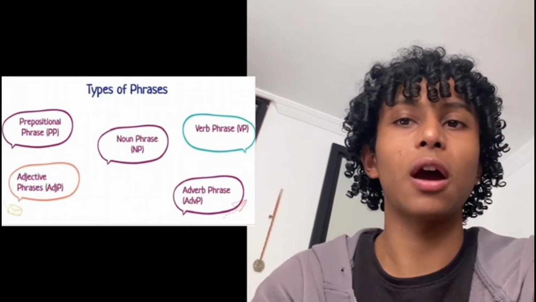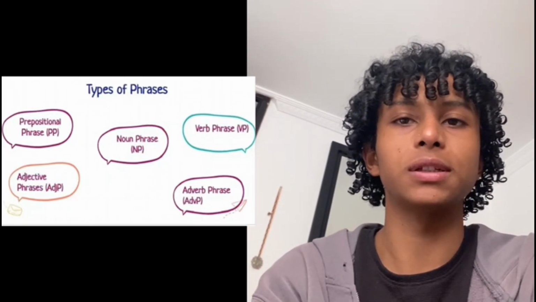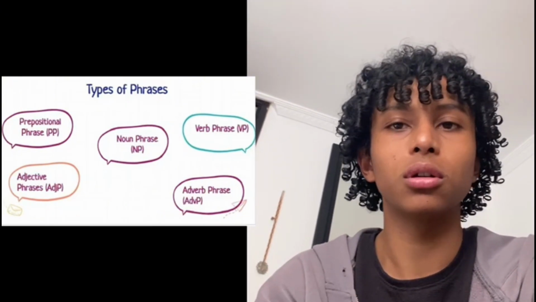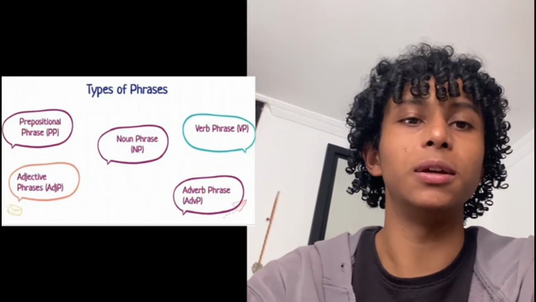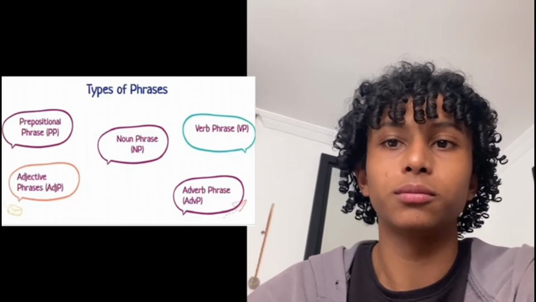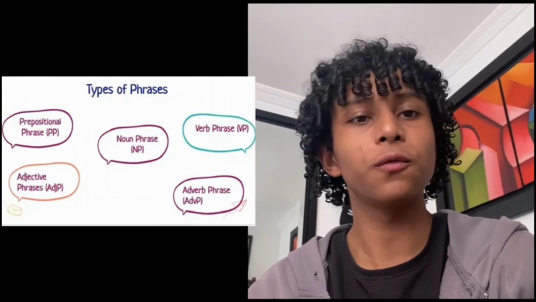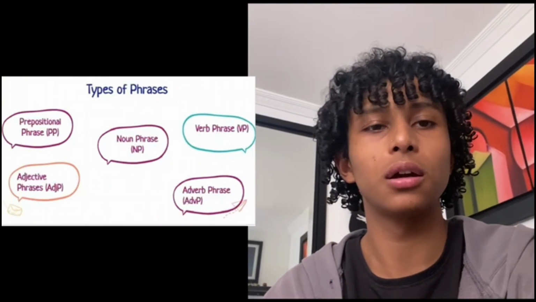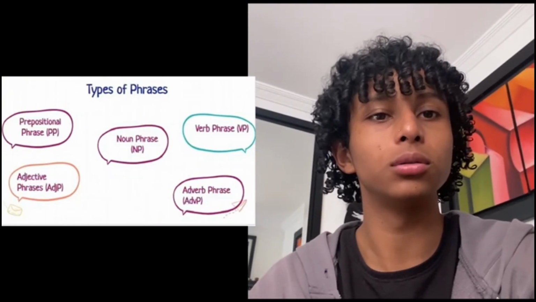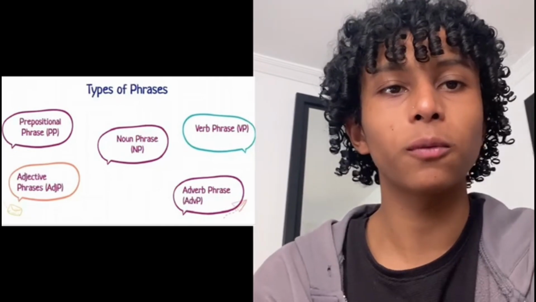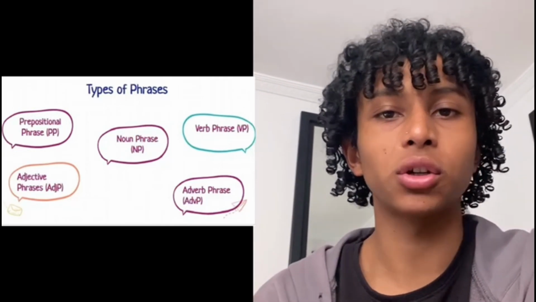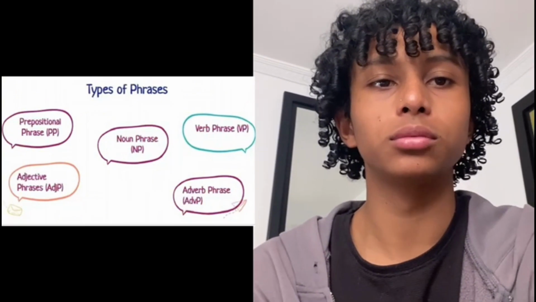Then we have the adjective phrases, like "very tall" or "totally incredible." And the adverbial phrase, like "quite easily" or "in the morning." Identifying the different types of phrases helps us to analyze the structure of any sentence.